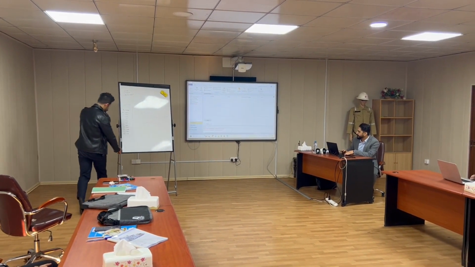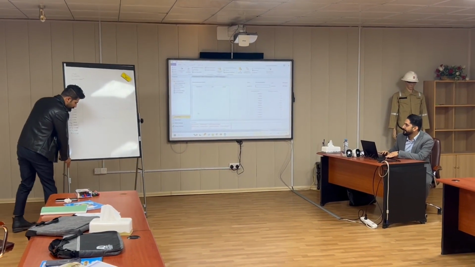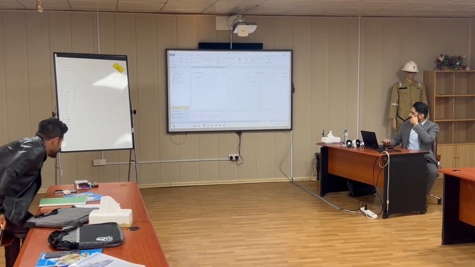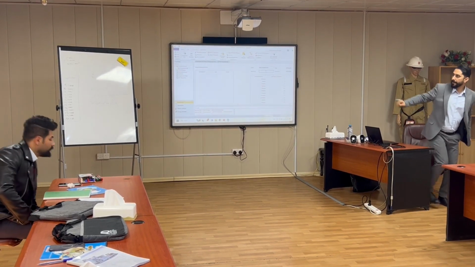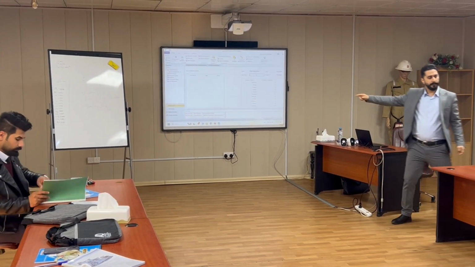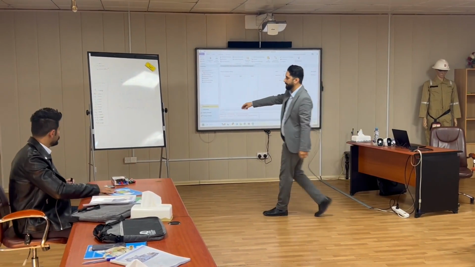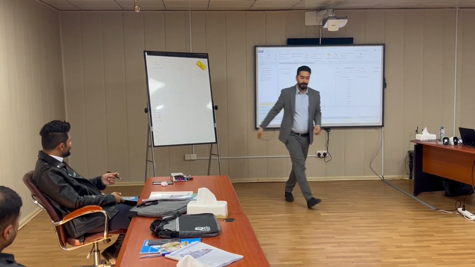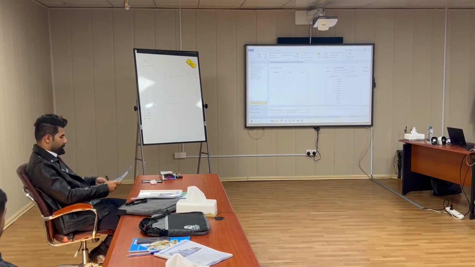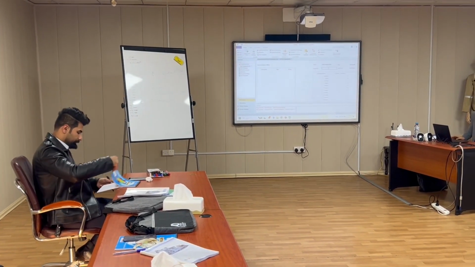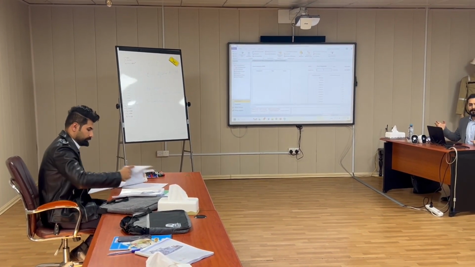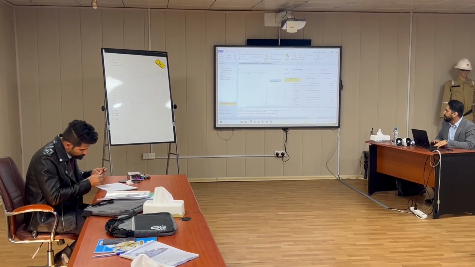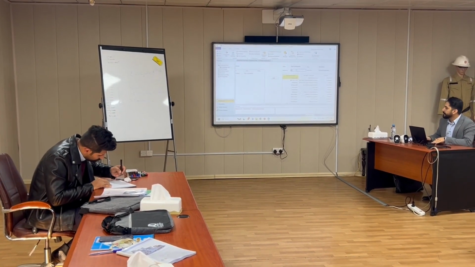We need to know what the components are here. You can see I have inserted the table here. We should enter what components are available, and you can easily search for different components.